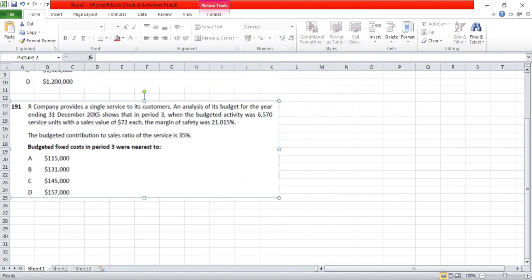Budgeted activity was 6,570 service units with the sales value. So budgeted sales is 6,570 into 72. Margin of safety is already given as 21.015%.